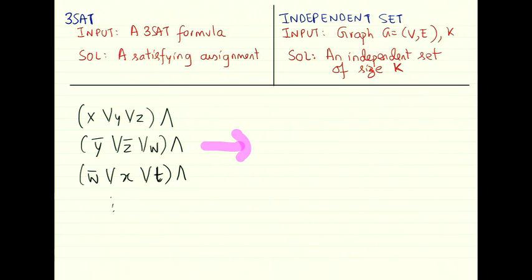Here's what I'll do. For every clause, I will create a triangle. So I'll create a triangle for the first clause, and I'll create another triangle for the second one.